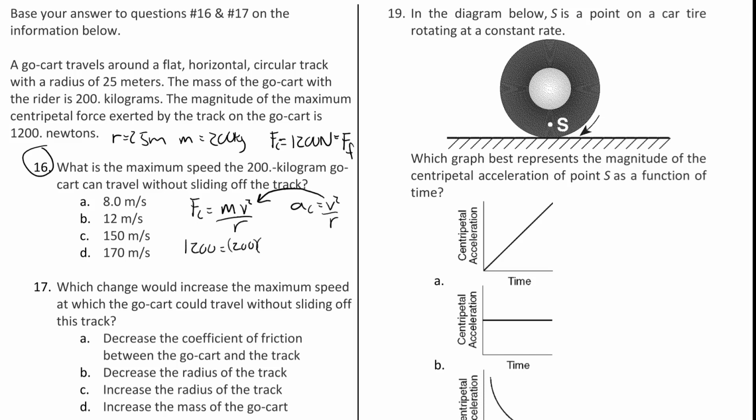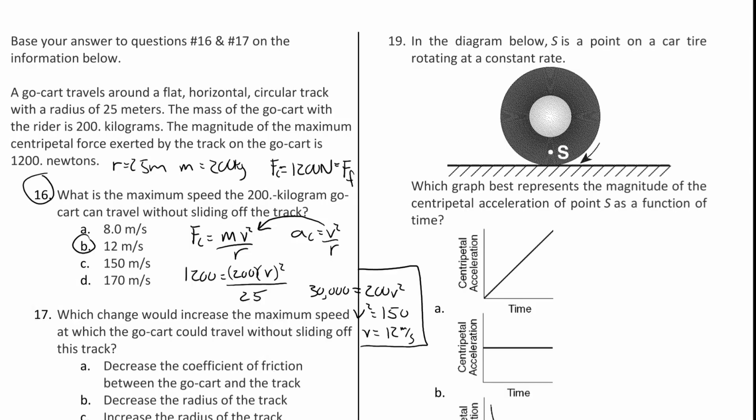The velocity is what we're looking for. And the radius is 25. So you get 30,000 is equal to 200 v squared. So v squared is equal to 150. So the velocity is equal to around 12 meters per second.